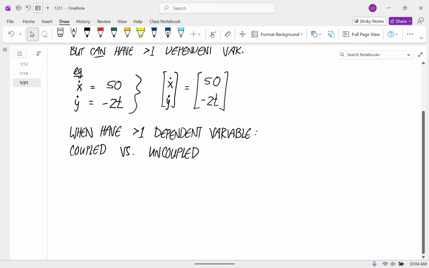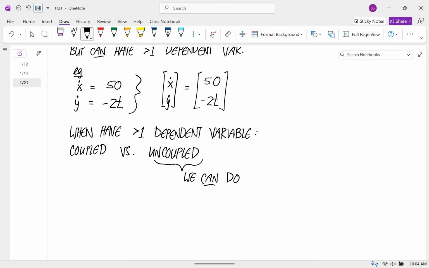So we can use separation of variables in the case of uncoupled. So we can do these. If it's coupled, we can't do them. There are ways to deal with it that you'll talk about in Calc 4, but we're just not going to talk about it. So we can't do these.